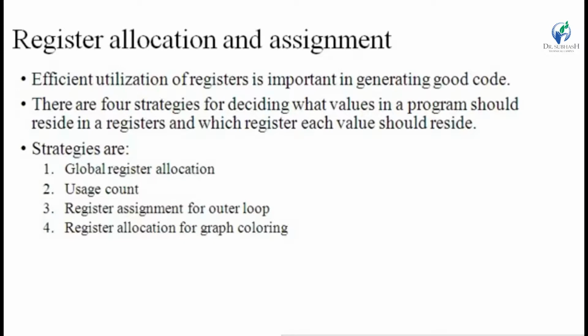In global register allocation, the strategy is to store the most frequently used variables in a fixed register throughout the loop. Another strategy is to assign some fixed number of global registers to hold the most active values in each inner loop.